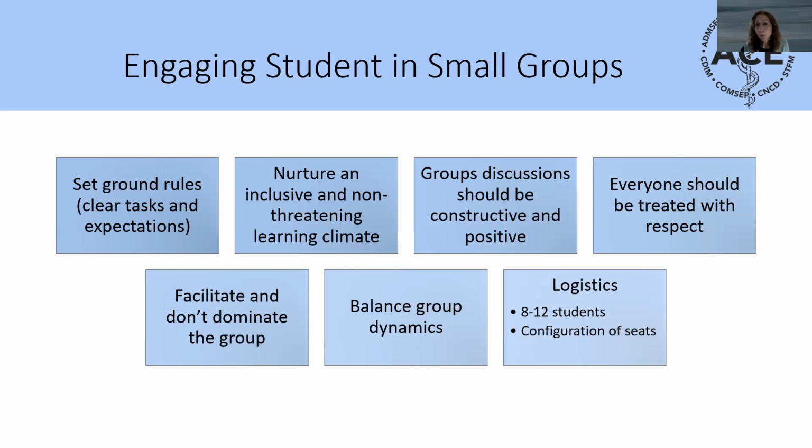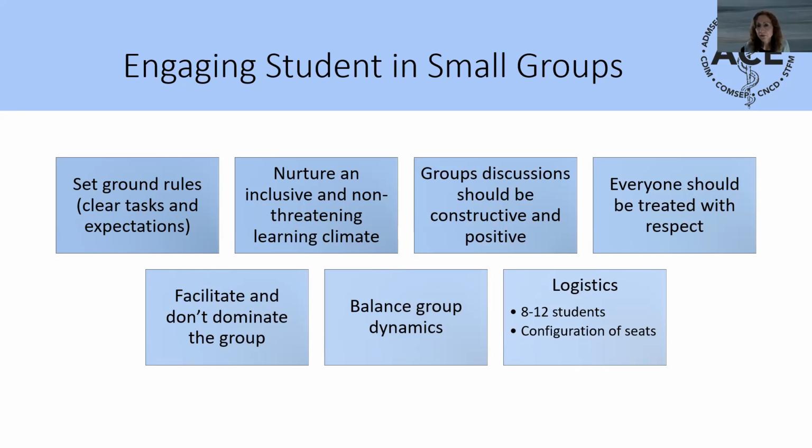The other important aspect of the small groups is really the learning climate, because if it's threatening, if they feel unsafe, they won't participate. It's hard for them to open up and share their thoughts, their perspectives.